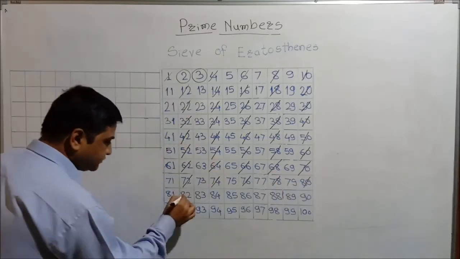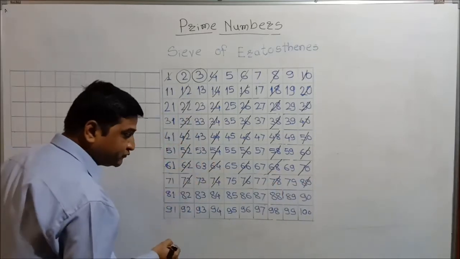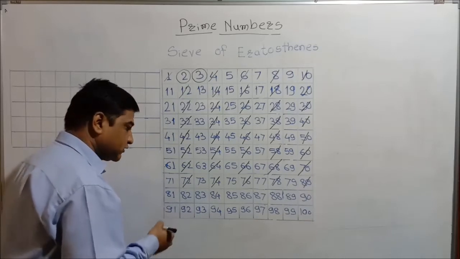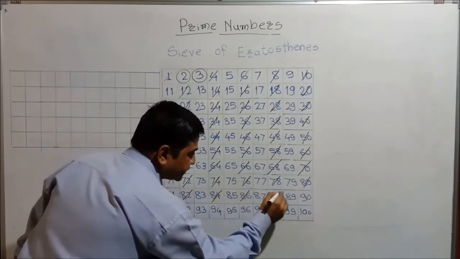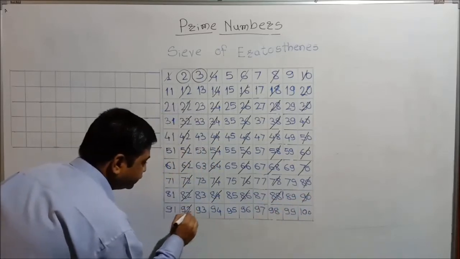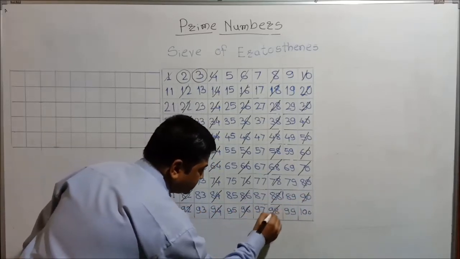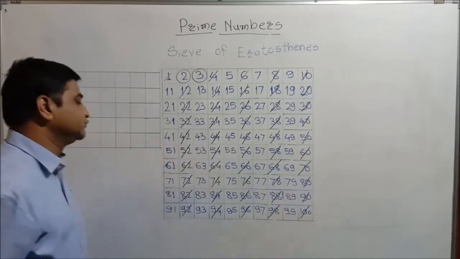All these are composite numbers because they can be divided by 2, so they have a factor other than the number itself. That's why we are removing them. Here I have removed all the even numbers which can be divided by 2.